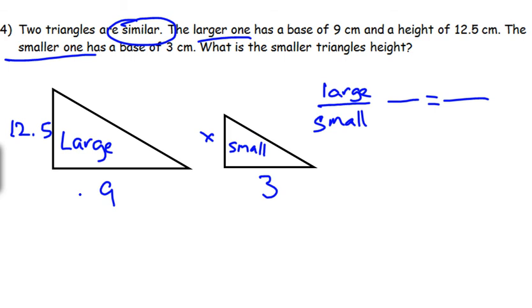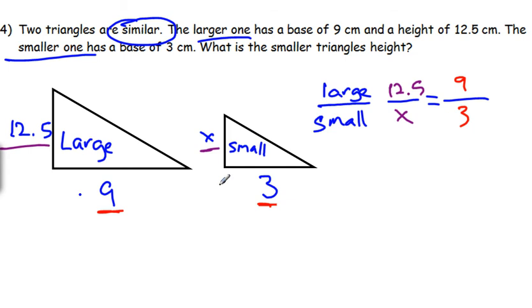We pick a side from the large triangle, we can say 12.5. What does that correspond to on the smaller shape? That's the left side, it's the same as x. We pick a second side from the large triangle, we get 9. And a second one from the small one, which is 3.